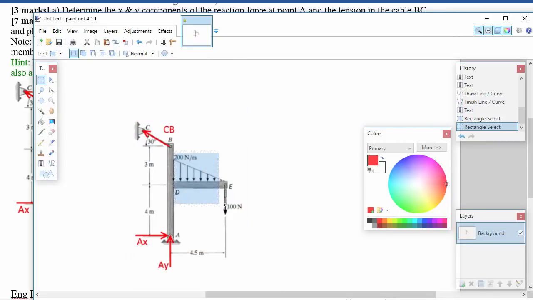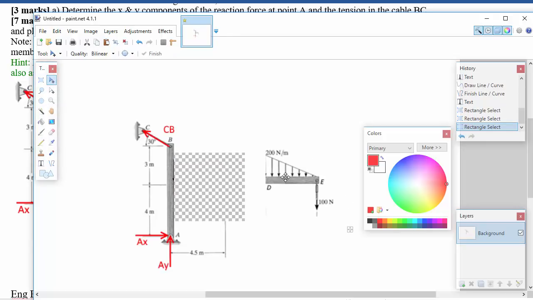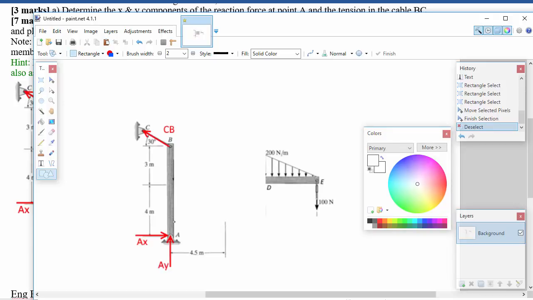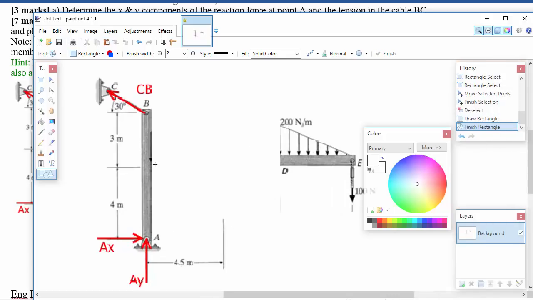So what we'll do is we'll take this thing and we will kind of move it off to the side a little bit. Maybe we'll put another white rectangle over here so it doesn't look quite so weird. And there. Now we're in a position where we can draw the reaction forces on each side.